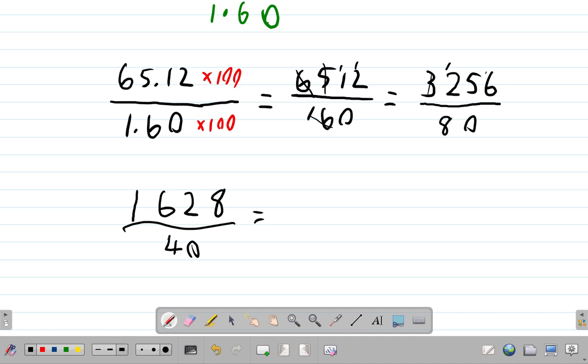We could divide by 4 now. Make a big step. Alright? So we're going to divide by 4. 4 into 16 I mean. 4 into 16 is 4. There are 4 4s in 16. How many 4s you have in 2? None.